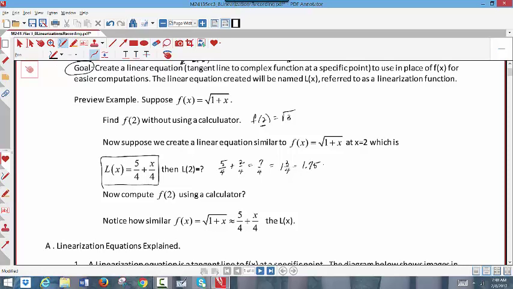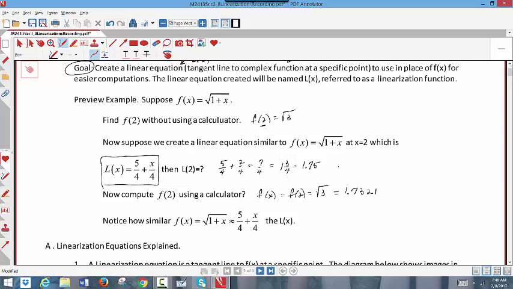So let's see how good an estimate it is. Let's go to the calculator, go to our f of x function and put the 2 into it, which is the true value. That would be the square root of 3, and if you calculate the square root of 3 on the calculator, it comes out to be 1.73205.